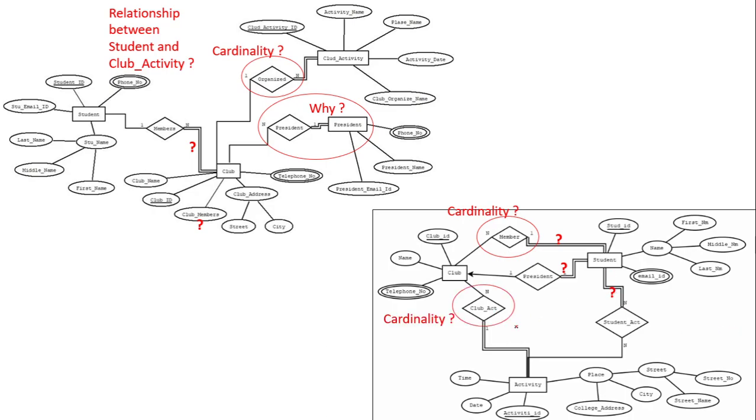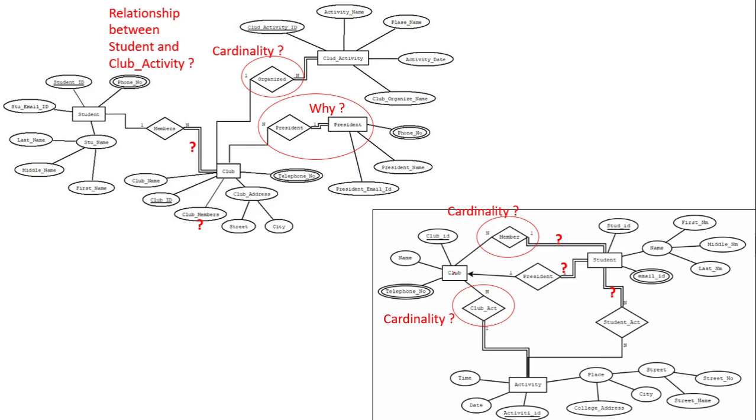Okay, regarding cardinality of this relationship set, here the cardinality of the club activity relationship is mentioned as many to one from club to activity. What does it indicate?